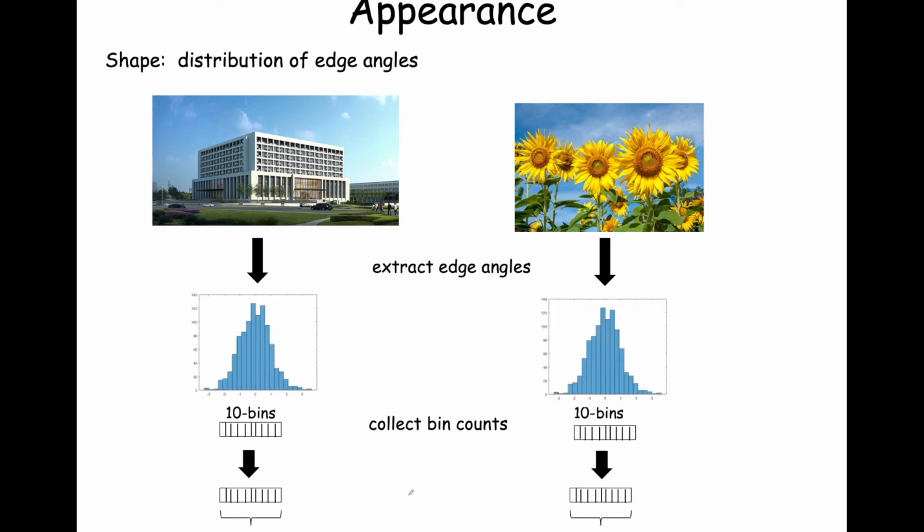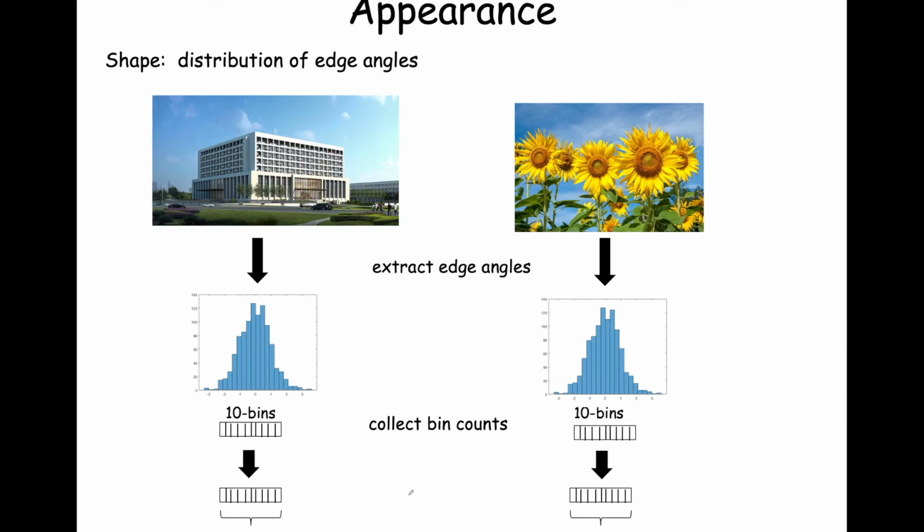So now we do the same thing similarly with the edge angles. We compute our convolution mask and we compute our partial derivative with respect to x and with respect to y, perform the inverse tangent of the y response over the x response, and that gives us the orientations of the edges at every pixel in the image.